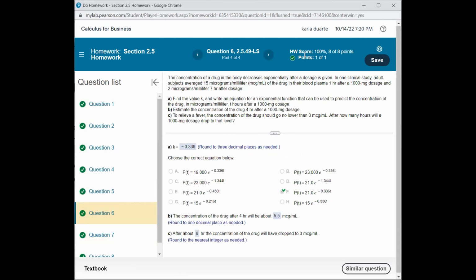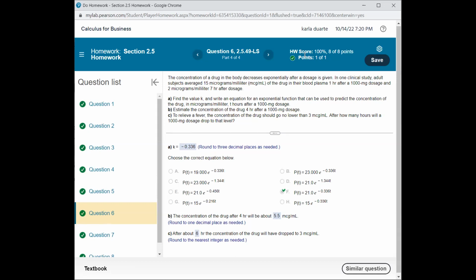So it's not as hard as it looks, but there is a manipulation in here that's a little hard. The concentration of a drug in the body decreases exponentially after a dosage is given.